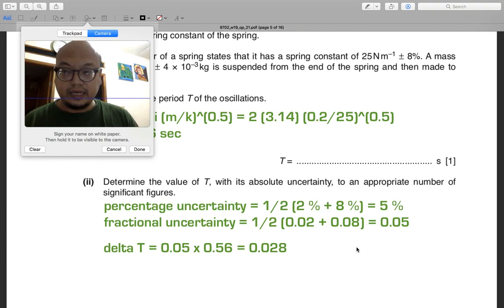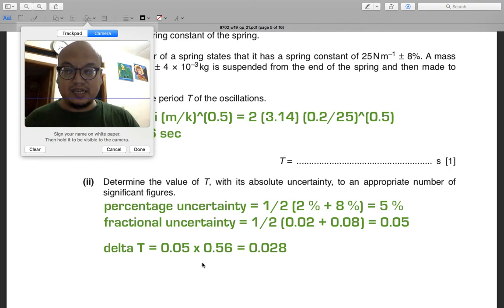Also in fractional uncertainty, we just change from percentage to decimal. So 2% equals 0.02 and 8% equals 0.08, and 5% equals 0.05, because 5% is 5 divided by 100.